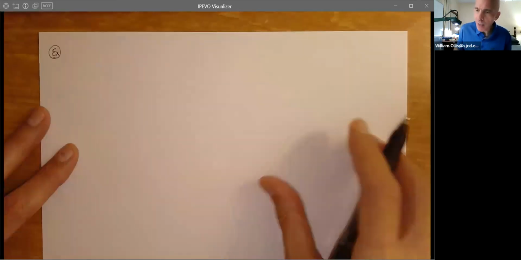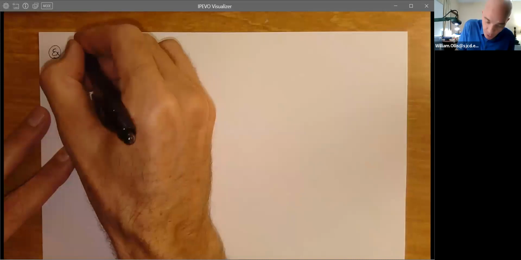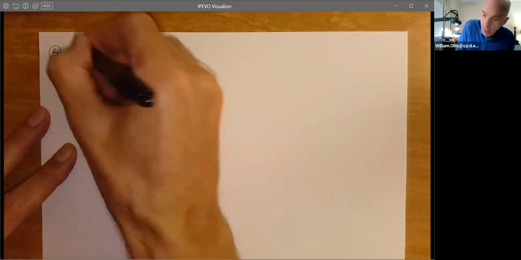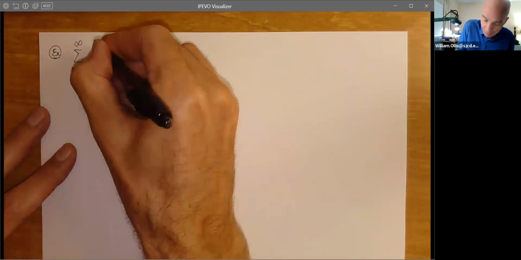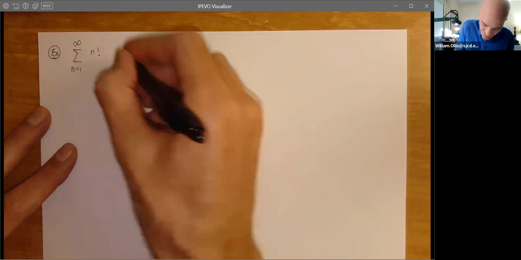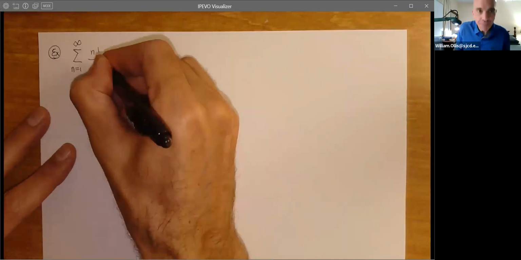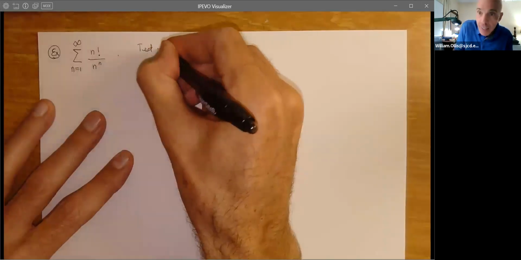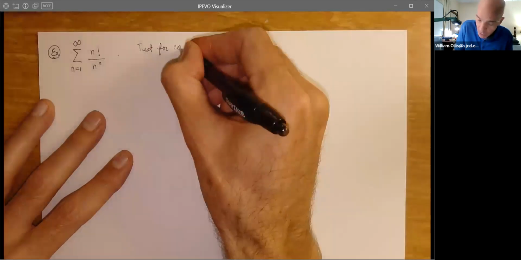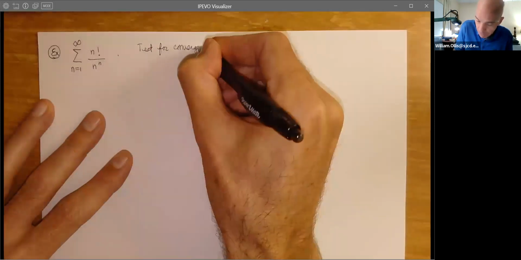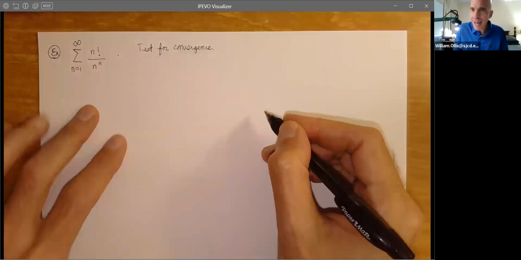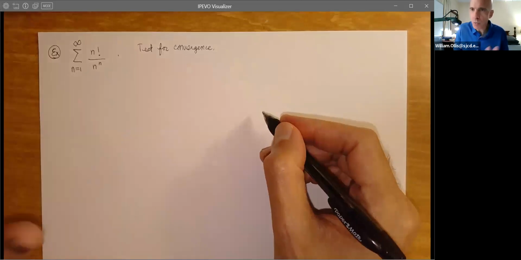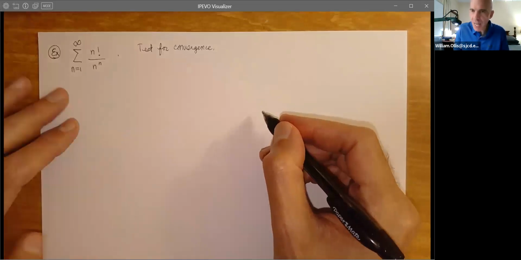It's real easy too. So notice in this particular case, this is again a positive term series. We have n factorial divided by n to the n. And we want to test for convergence. So now again, with the powers, n factorial is not something we want to do the previous tests with because of that n to the n.